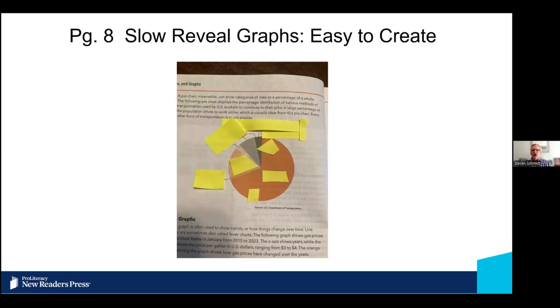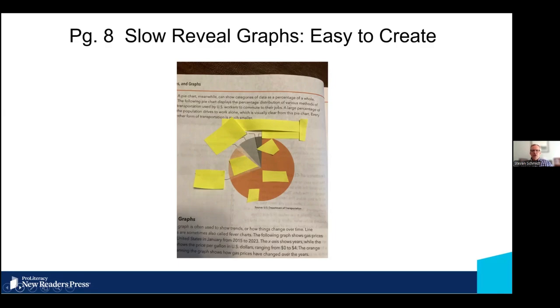But slow reveal graphs is a way to kind of hook our learners with visuals, because a lot of times we throw them a complete graph or complete chart. And there's a ton of information floating around, and sometimes we get lost or we can't see the forest through the trees. The slow reveal graph starts out, and we can use the notice and wonder principle that we were using earlier.